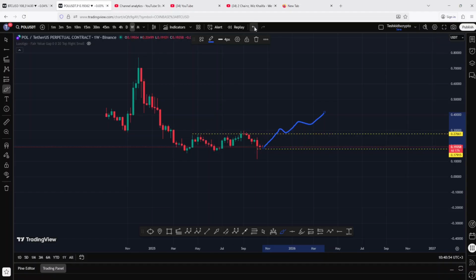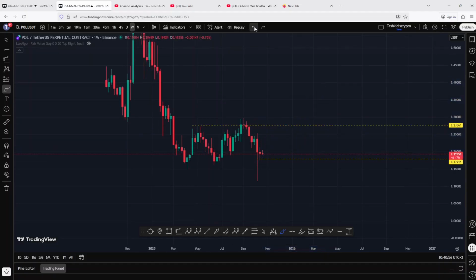We also need to have in mind that as a result of that key area of resistance, we now have the formation of a double top, having that as the first top. Then we have the second top over here, and then the neckline down here below the 0.17277, which is a very significant low.